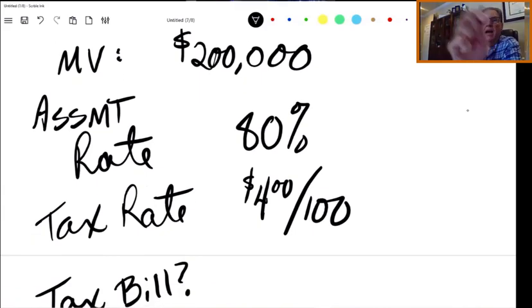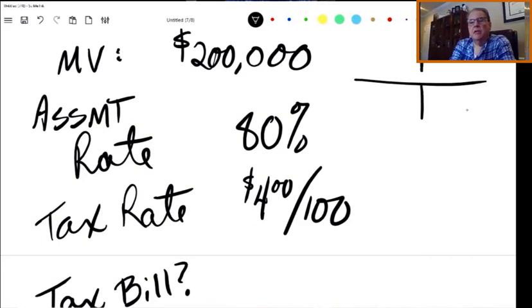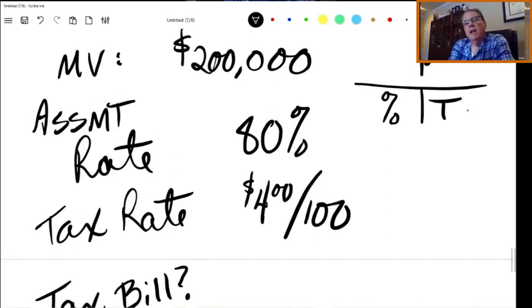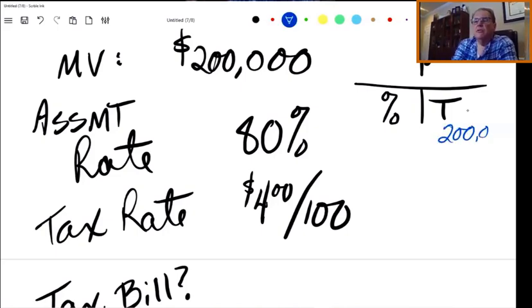Well, I have a little work to do. Let's say part, percent, and total. The total market value, I'll put that in blue, total market value 200,000.